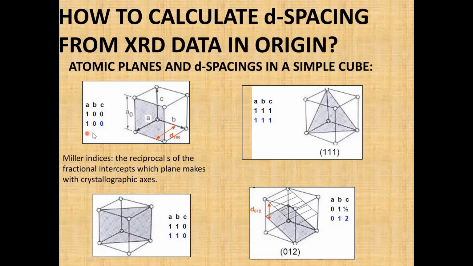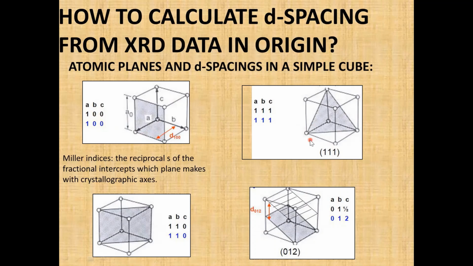These Miller indices show the orientation of planes, and symbolically they are represented by h, k, l. So here we have one of the planes, 100, and the distance between two planes is represented by d. Those numbers are the h, k, l, meaning the Miller indices.